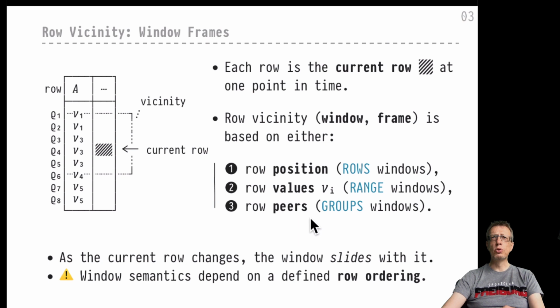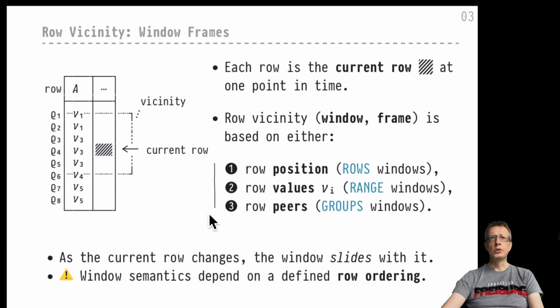And there are also groups windows, or modes of vicinity detection where we look at groups of rows that share the same identifying value. It's much like grouping in a sense, but let's talk about this in detail when the concept is in focus and we have an extra slide to talk about that.